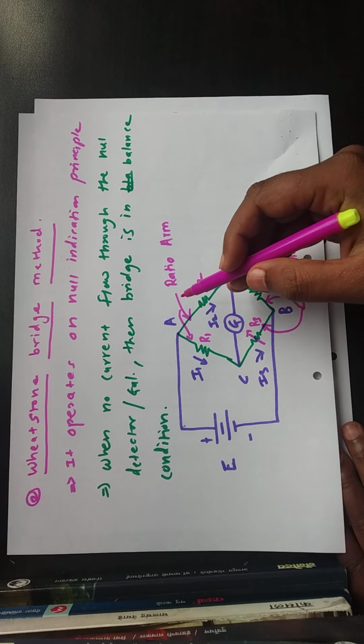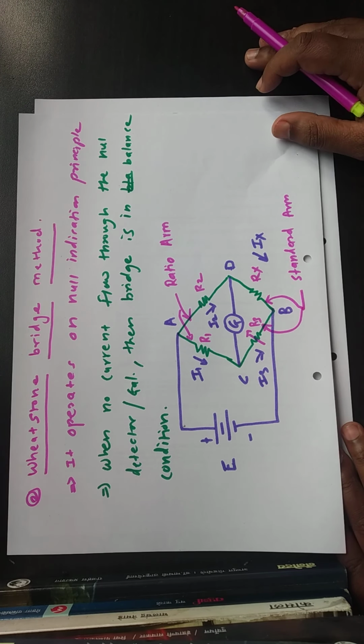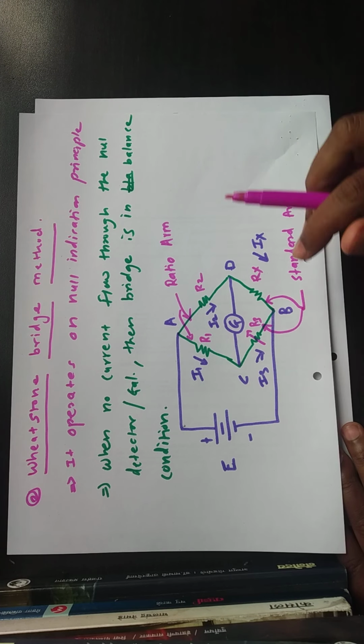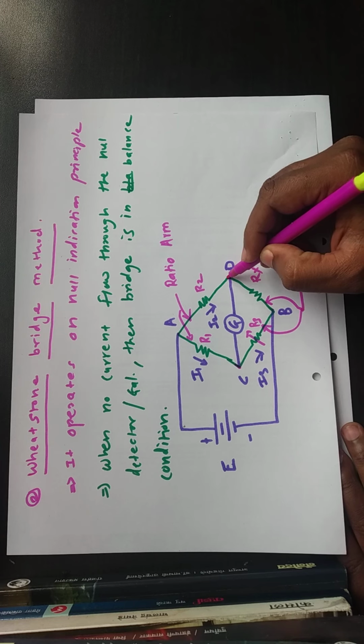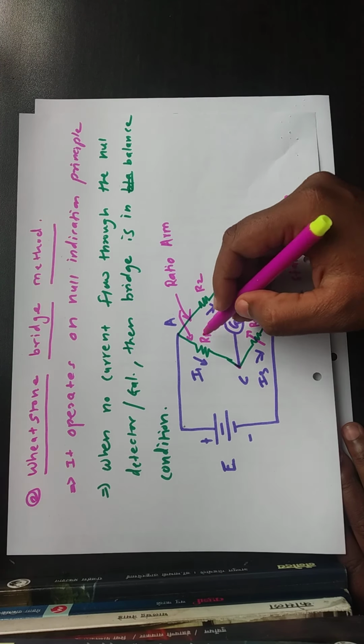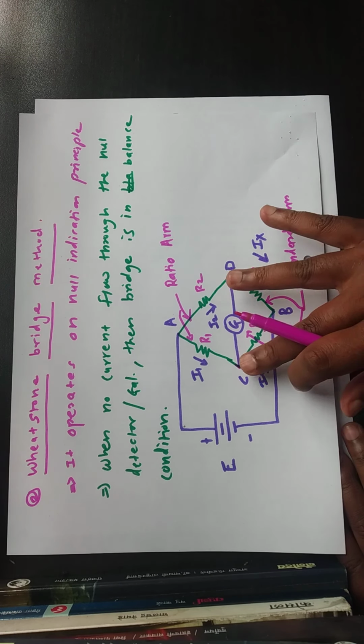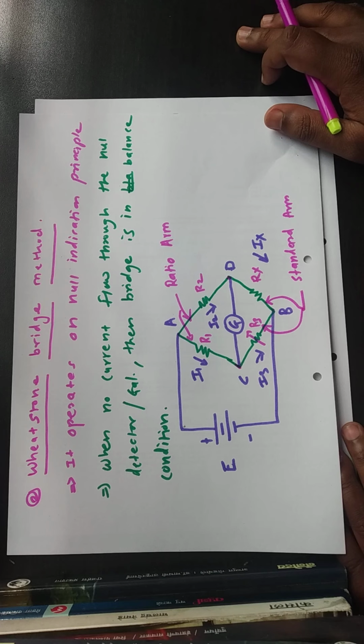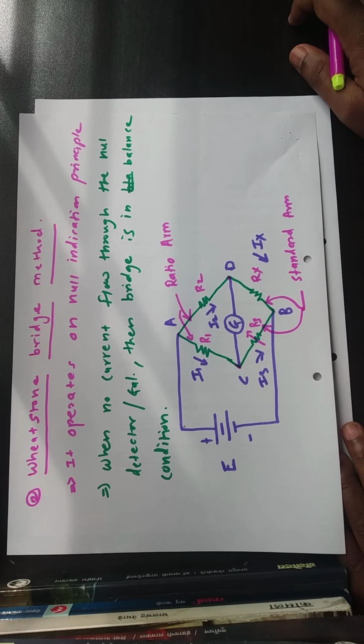The current flowing through the galvanometer depends upon the potential difference between point C and point D. When the bridge is in the balance condition, no current flows through the galvanometer.